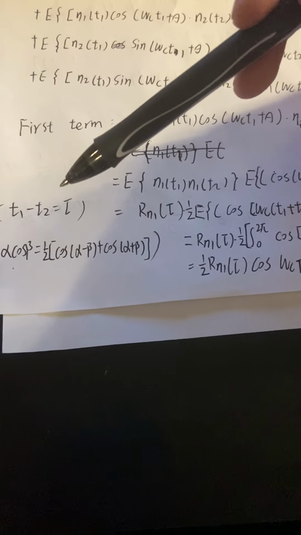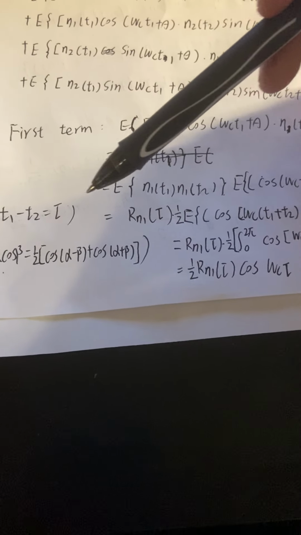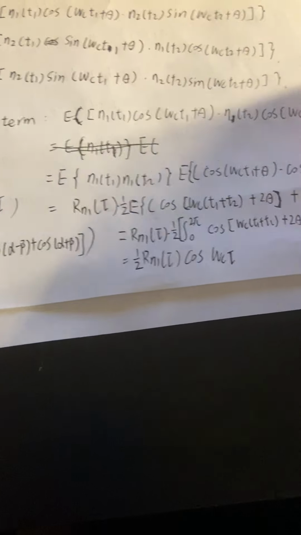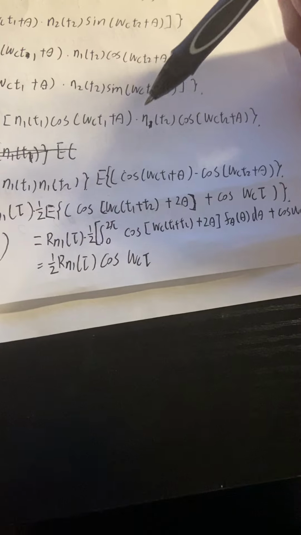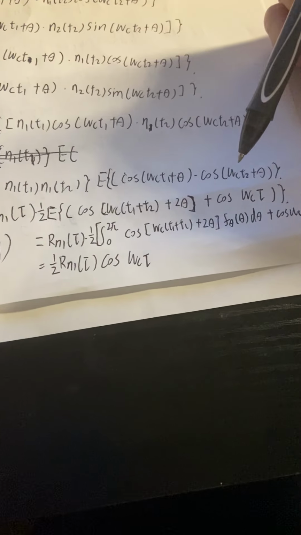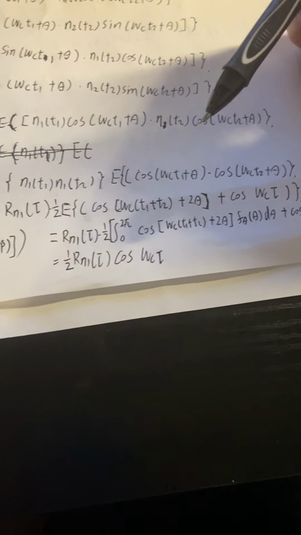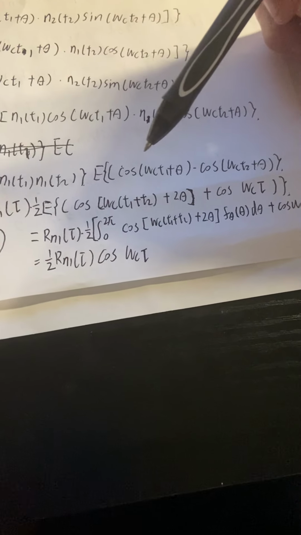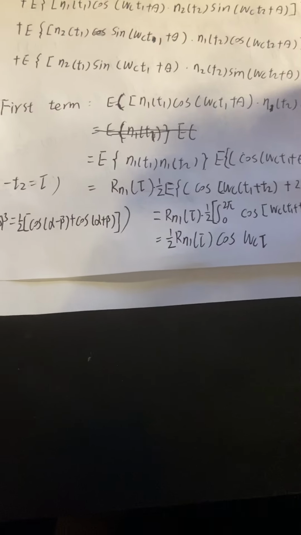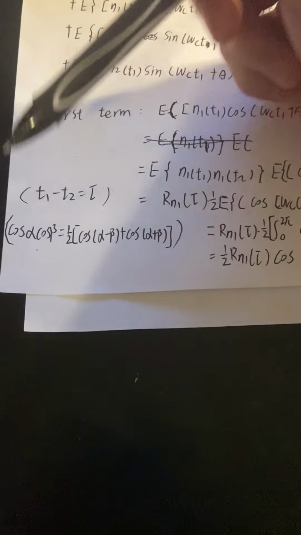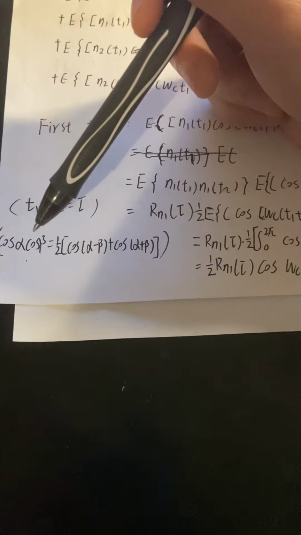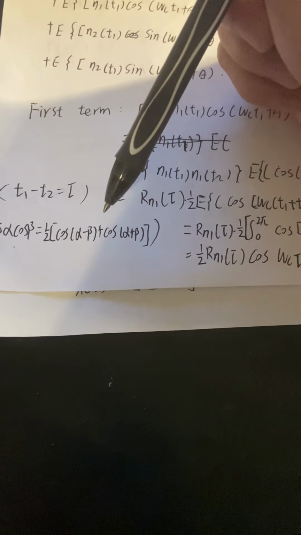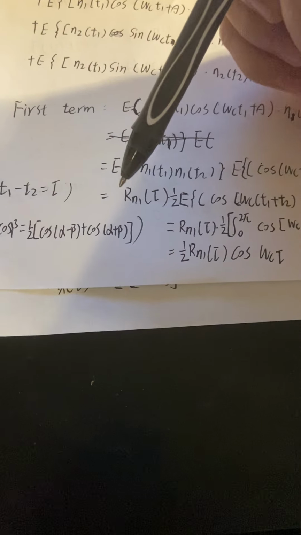If we let t1 minus t2 equal tau, this will be R_N1(tau). For the term inside, we can use the product-to-sum formula for cosine: cosine alpha times cosine beta is equal to 1/2 times cosine(alpha minus beta) plus cosine(alpha plus beta).